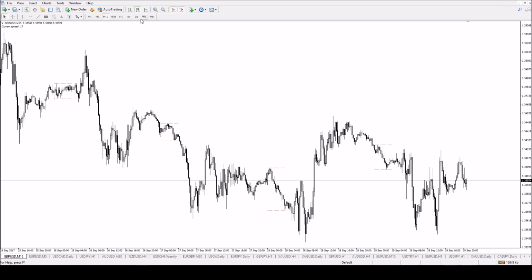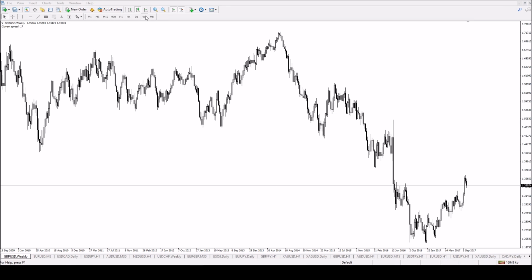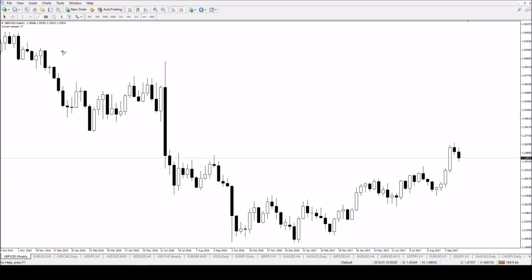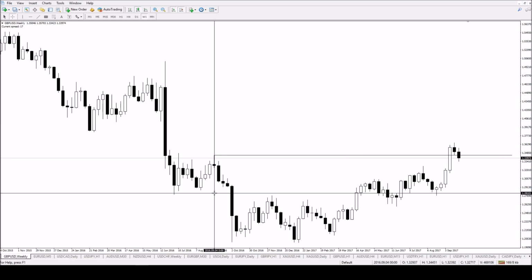Let's jump onto the pound dollar. So the pound dollar, we've come up, we've taken out some monthly highs here, okay? So this high here is 1.34451.